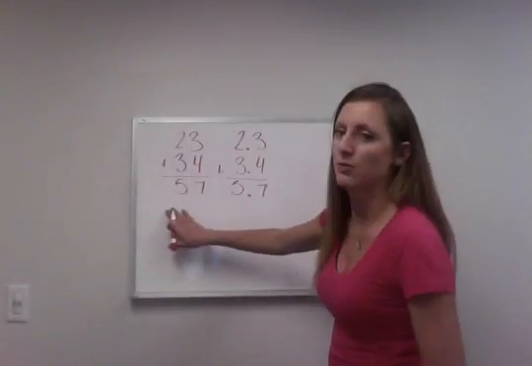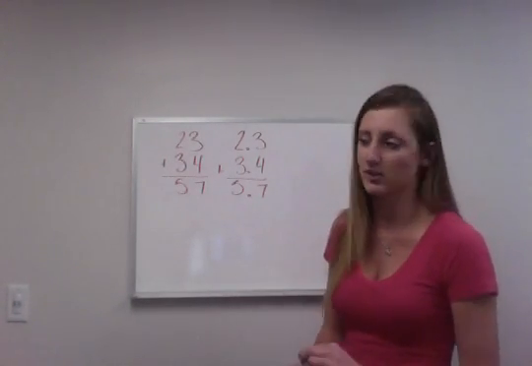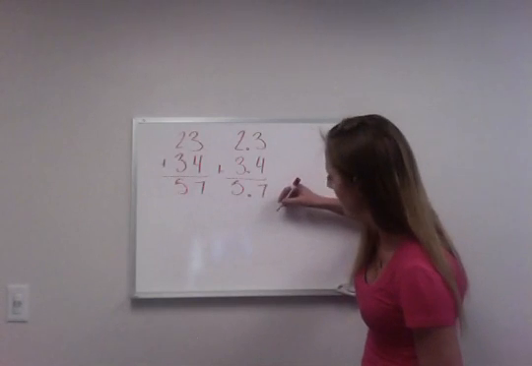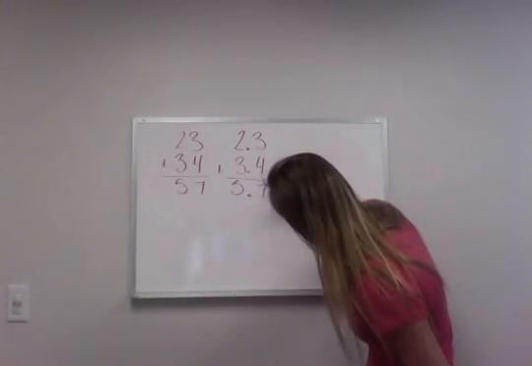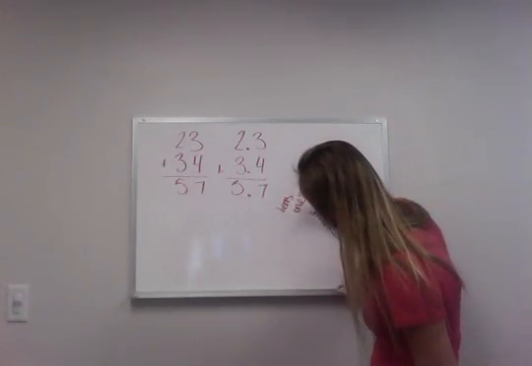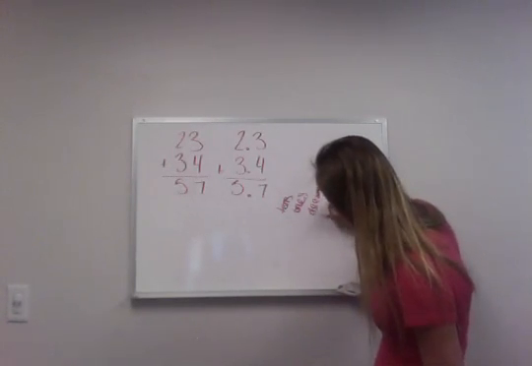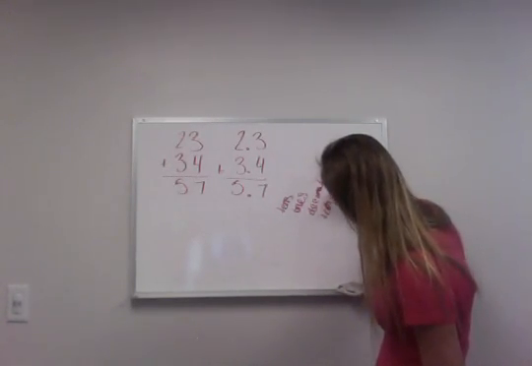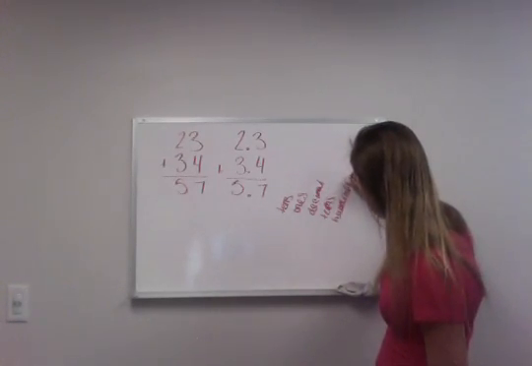And so then I would say, what's the difference in this situation? And they might have a hard time understanding. So I'd do a value chart of tens, ones, and then the decimal, and then tenths, and hundredths.